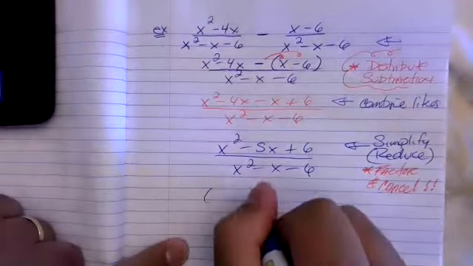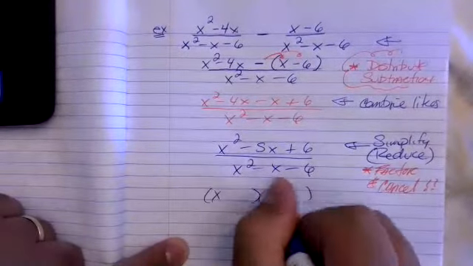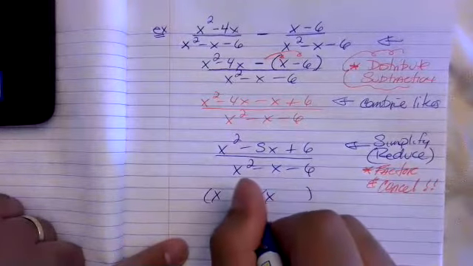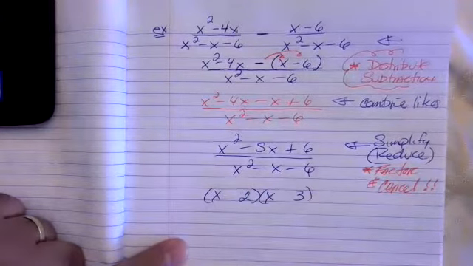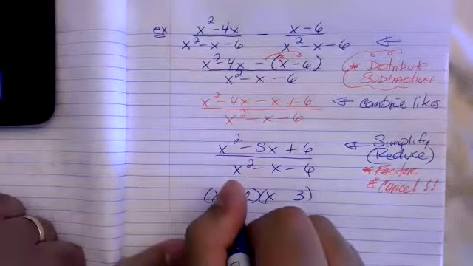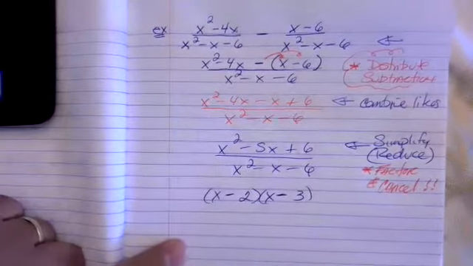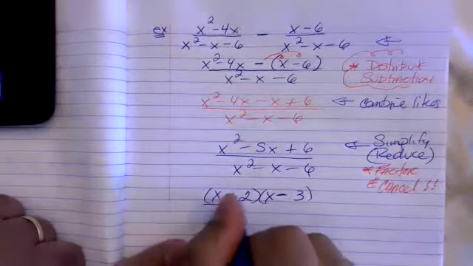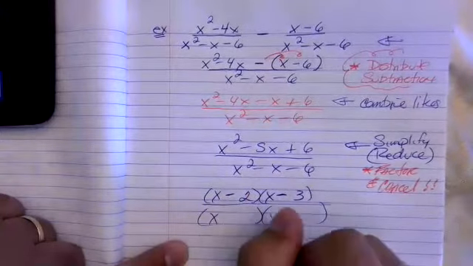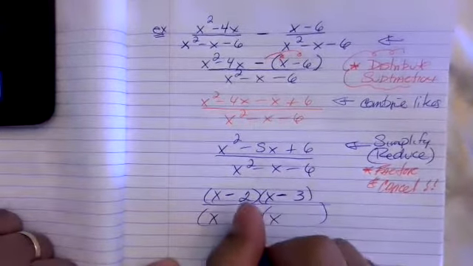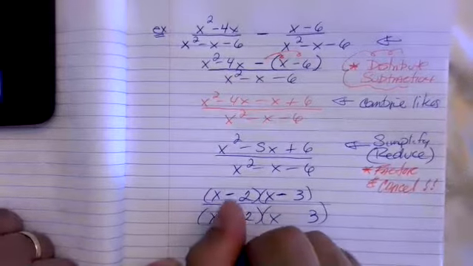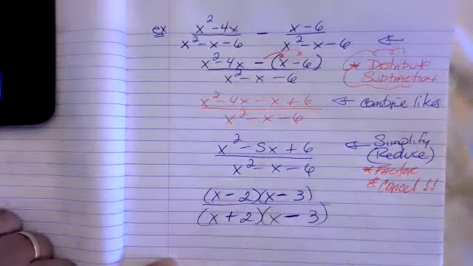So up top, it looks like I'm going to have x times x is x squared, and 2 times 3 is 6, and a negative and a negative. On the bottom, I have x and x, and 2 times 3 is 6, and a positive and a negative.